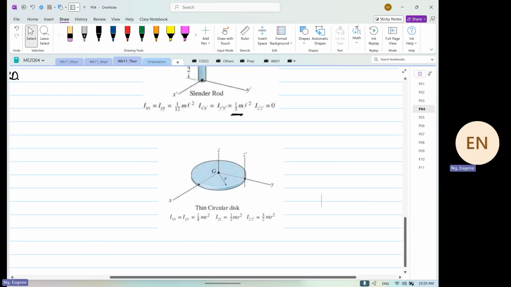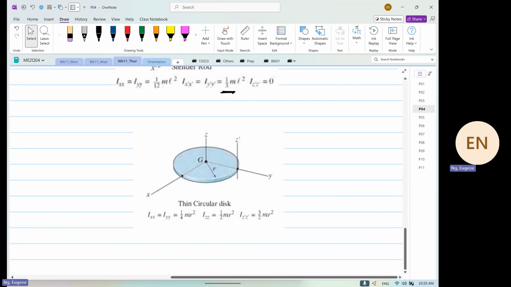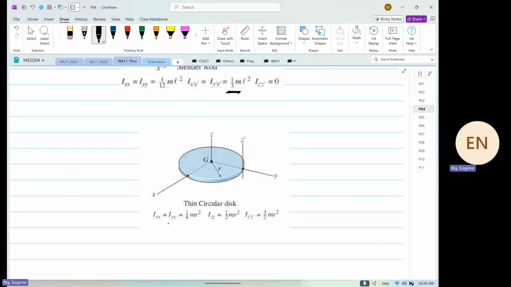Looking at the solid disk, which formula do we use: IXX, IYY, or IZZ? Don't panic. How do I know which axis to use? You draw the rotation moment.